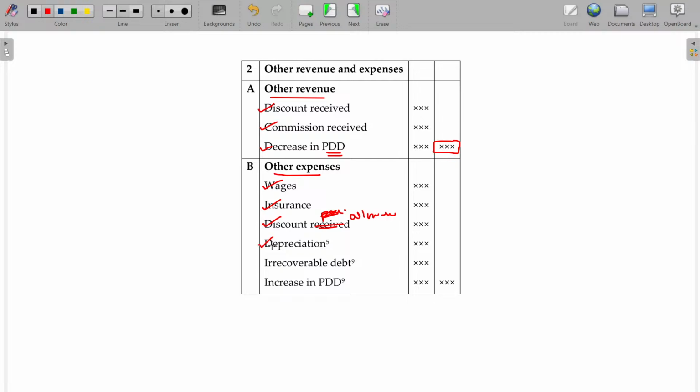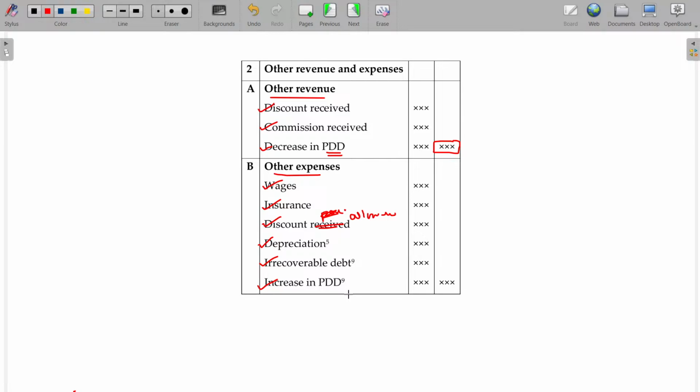Depreciation, the value of an asset decreased due to utilization, will also be an expense. Any amount recoverable from our buyer customers that could not be paid because of his own financial condition will be named irrecoverable debt, also a loss. And compared to the previous year, if the provision for doubtful debts you have created is increased, then it is also your expense. These are illustrative examples I have given for other revenue and other expenses. Apart from that, we have to study depreciation, irrecoverable debt, and increase in provision for doubtful debts in detail.